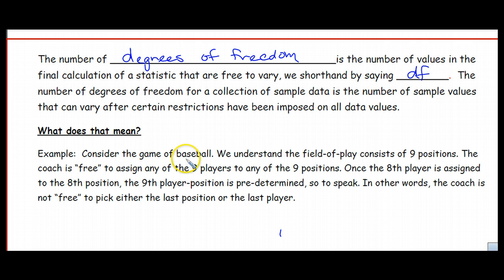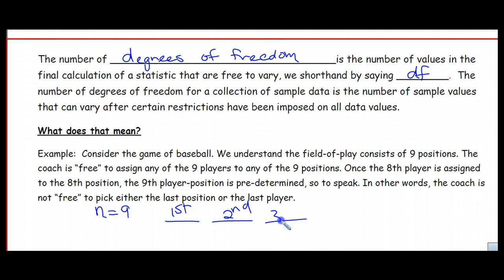Consider the game of baseball. We understand that the field of play consists of 9 positions. The coach is free to assign any of those 9 players to the 9 positions. But once that 8th player is assigned, the 9th player is kind of set. So if I have n equals 9 players that are going to be on the field, then I can choose who I want for first, and I have a choice for second.